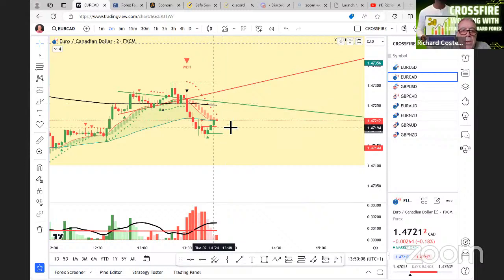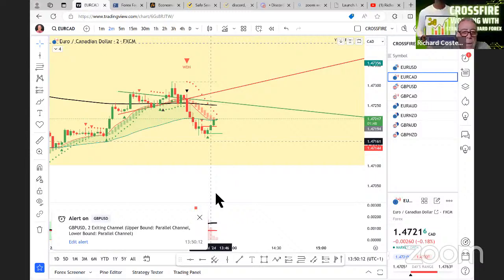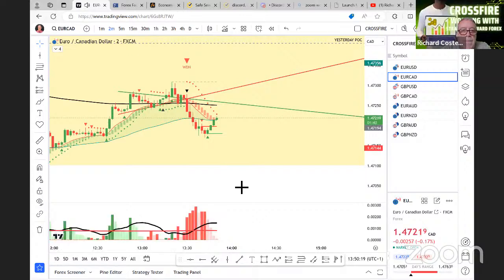I either want price to come back down. Like we've got an alert on GBP USD, so we'll go and have a look at that. Yeah, so there's nothing happening really. We are below the red trend line, so we should be thinking sells.